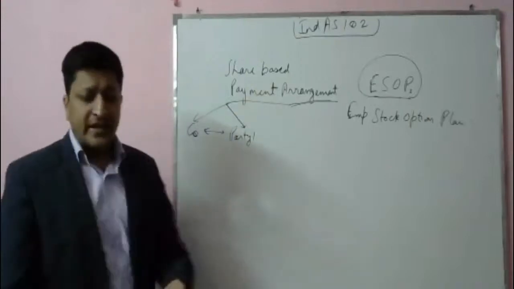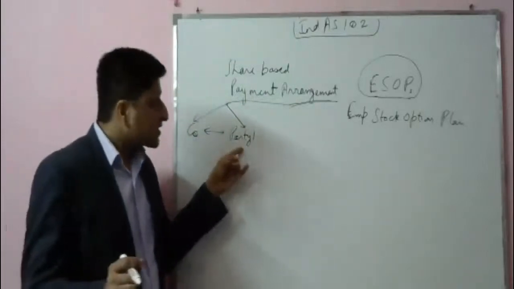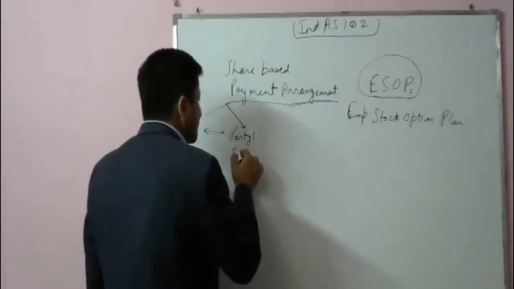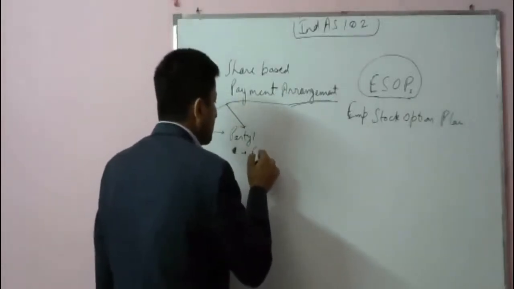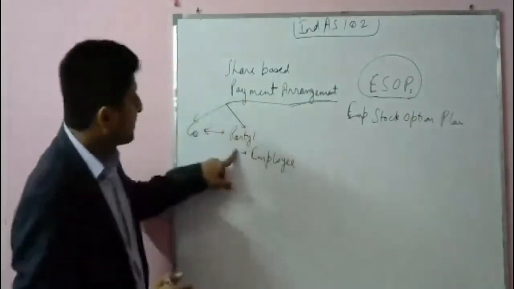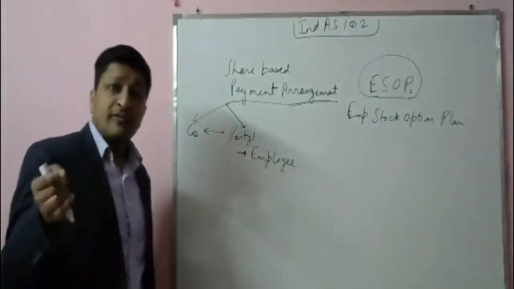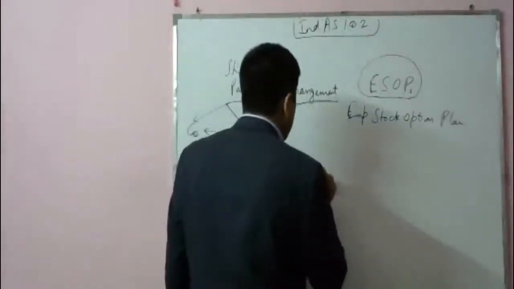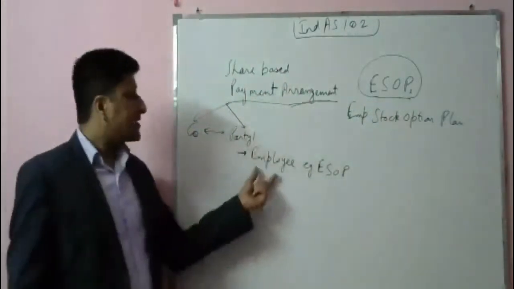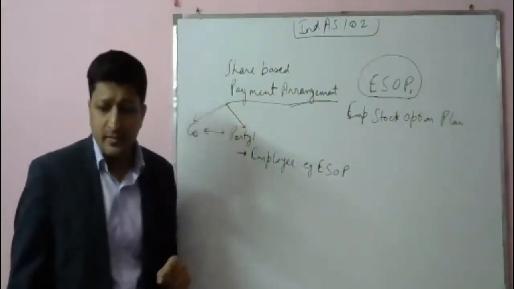For the purposes of Ind AS, we did not discuss any such thing wherein this other party has to be an employee. So we can say this other party could be an employee. If the other party is an employee, we can give the example of ESOP.